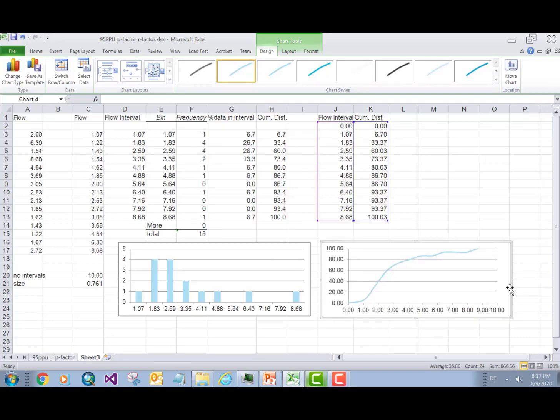So that's my cumulative distribution. I need to get 2.5%, as we talked before, and 97.5%. So I need to know what is the flow at 2.5% and what is the flow at 97.5%, and that makes my 95 PPU. For that, let me go to my PowerPoint.